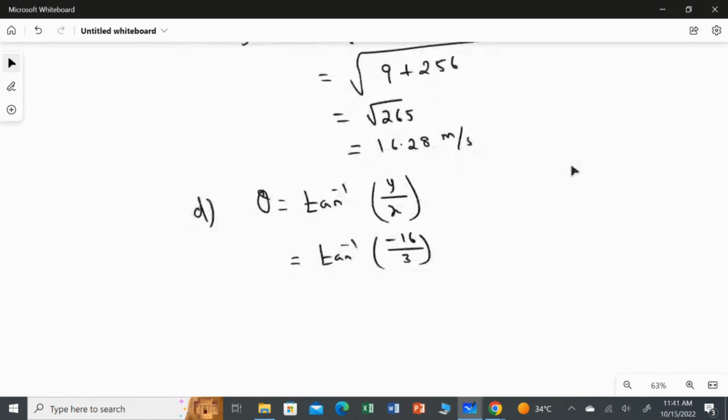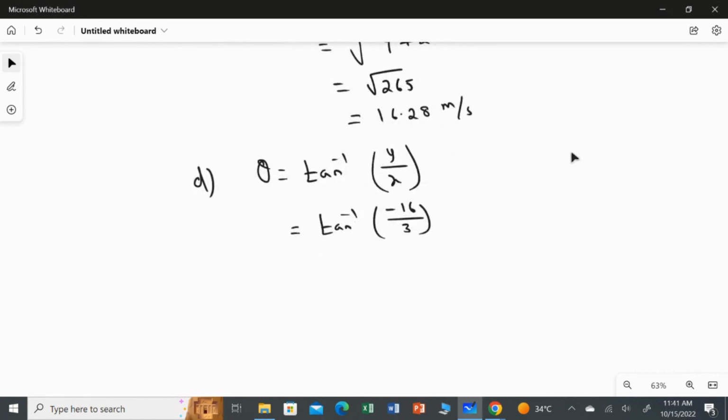So theta is equal to tan inverse of minus 16 over 3, which gives me the answer of minus 79.38 degrees. Clear? So this is the answer for the fourth part.